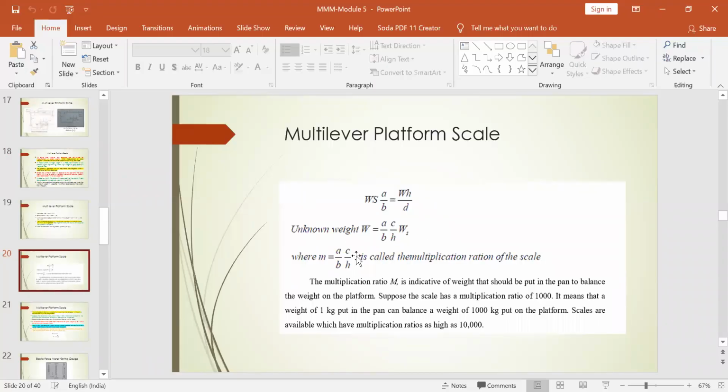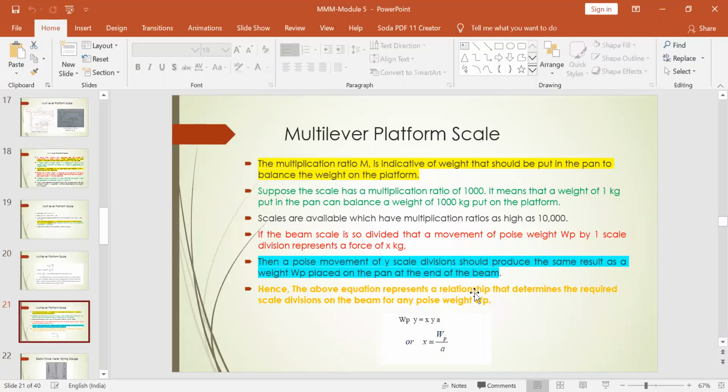With the help of the unknown weight, we tell what M means, which is nothing but the multiplication ratio. So how you have to play with the multiplication ratio to add weights on the pan such that the unknown mass you apply on the platform could be balanced and its value determined, and how the variation in the poise scale goes on with the addition of weights.